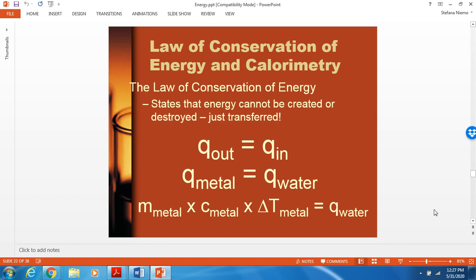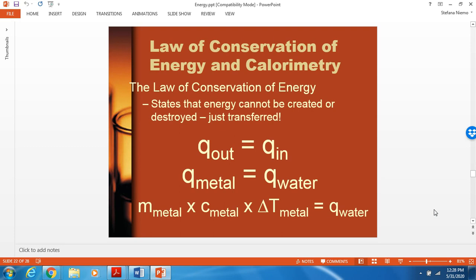Hot transfers to cold. When we put an ice cube in a cup of hot tea, the heat energy from the tea transfers to the cube. The ice cube melts and the tea feels colder because heat energy moves from hot to cold. Q out has to equal Q in.